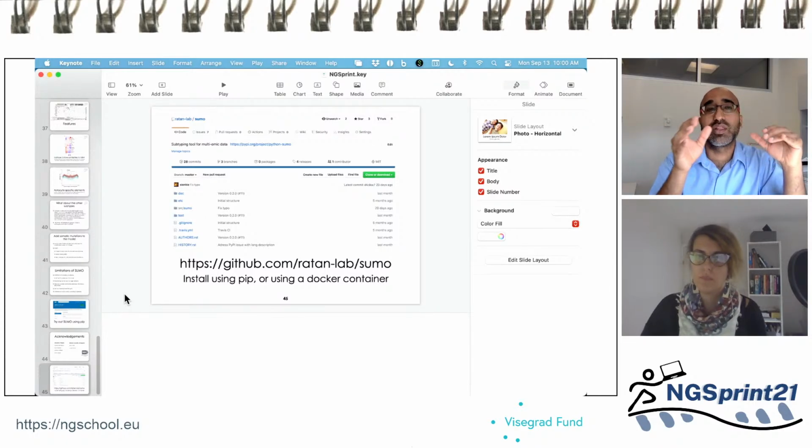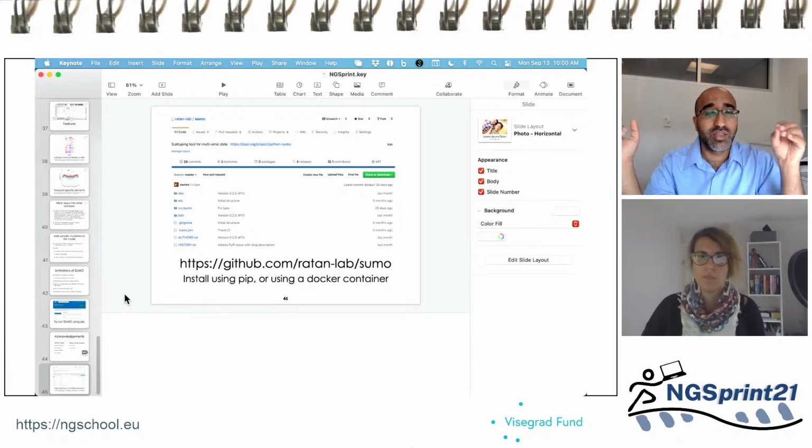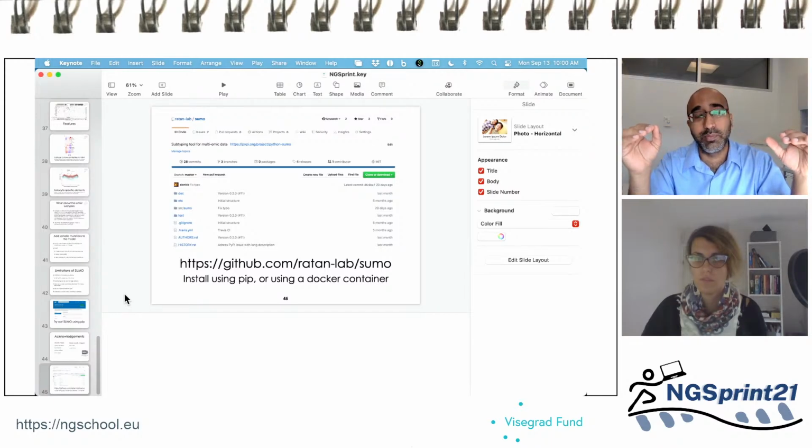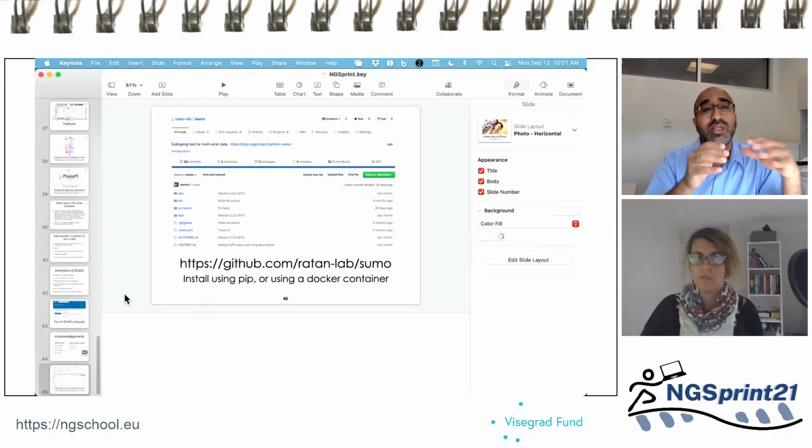And that transforms your discrete matrix into a continuous matrix, where the expectation is that the genes with the somatic mutations still have high values, but the other genes also get values, and those values are dependent on the connectivity in the protein-protein interaction network. And then once we get that, we use that as input to SUMO.